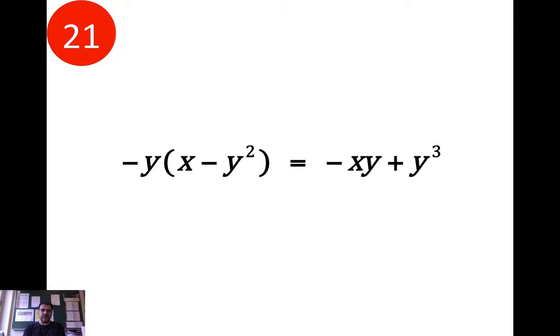So final answer, minus xy plus y cubed. You might have written that the other way around as y cubed minus xy, but as long as the minus stays behind the xy, then that's the important thing.